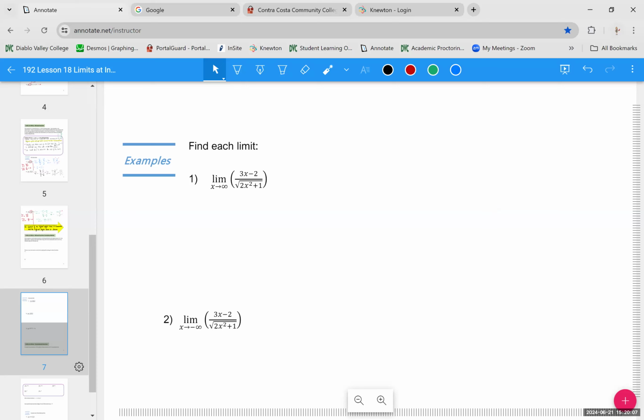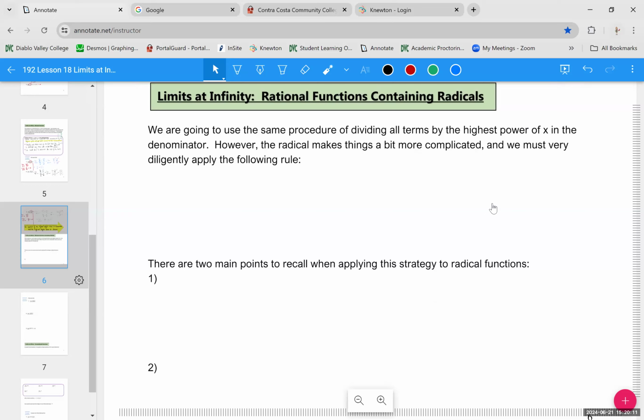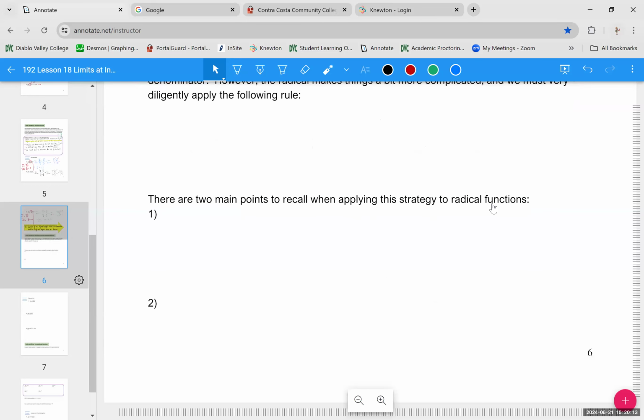There are two things that come into play in order to do those. We are going to apply the same technique, but we have to keep in mind what's happening when we're square rooting something squared. So we're going to start by recalling that the square root of x squared is not just x. It's the absolute value of x, which we know to be a piecewise function.